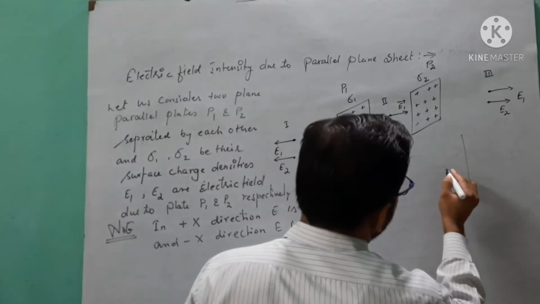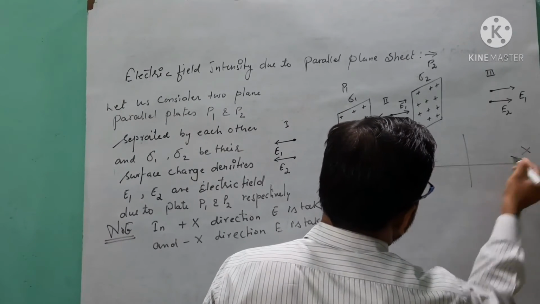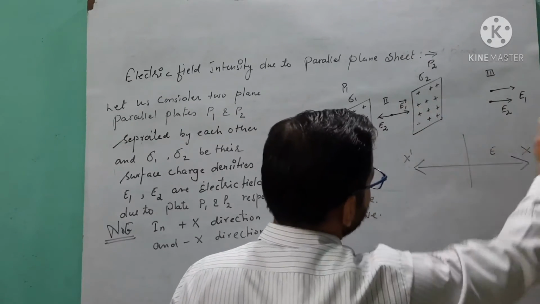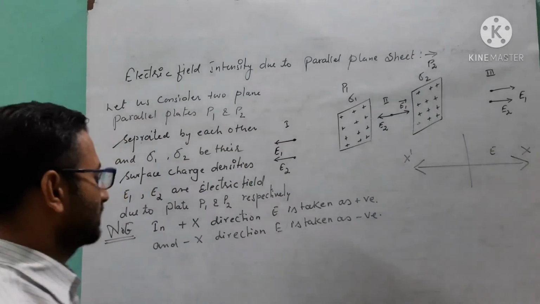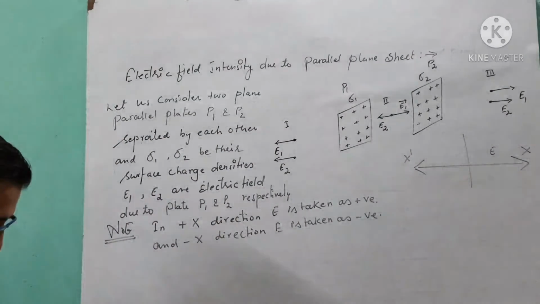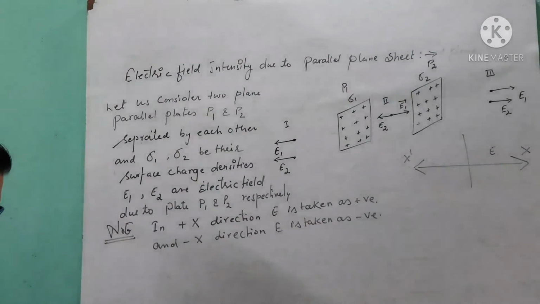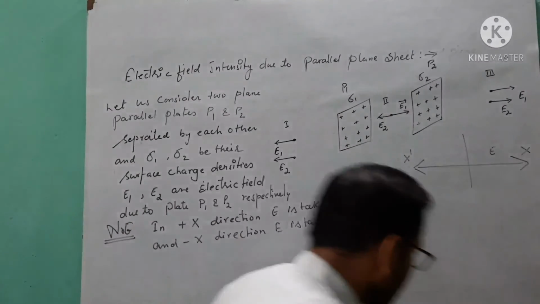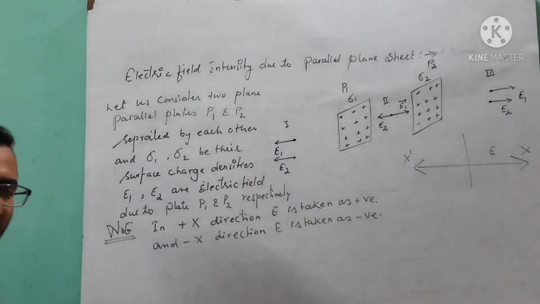We have the positive x direction on this side, the negative x direction on this side, so this is the right hand side and this is our left hand side. On the basis of these two points we will calculate the electric field at different regions. Got it, students?